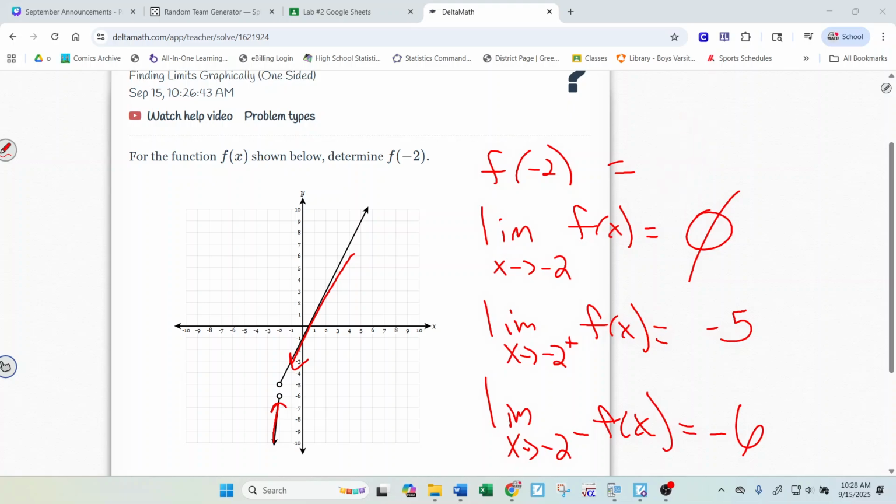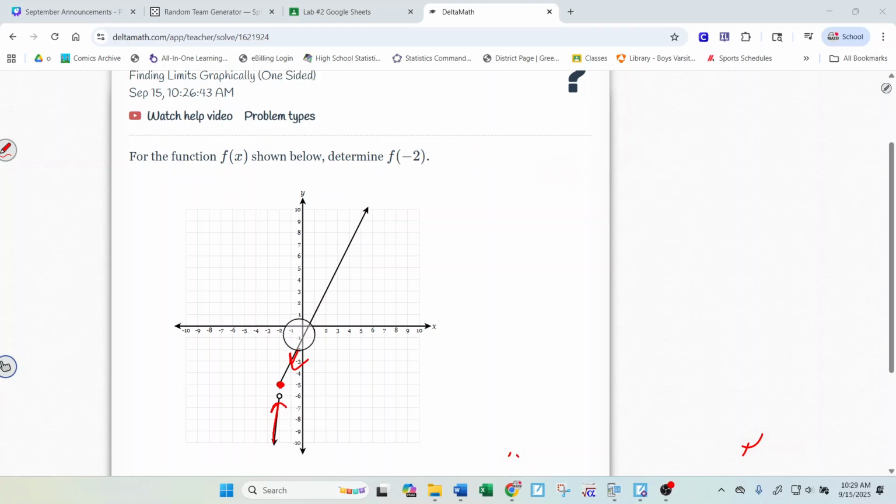And let's say hypothetically that was a solid dot. Now what would f of -2 be? -5. And would any of the other three limit things change? No. Okay. All right. Let's try another one. See if I can erase this.